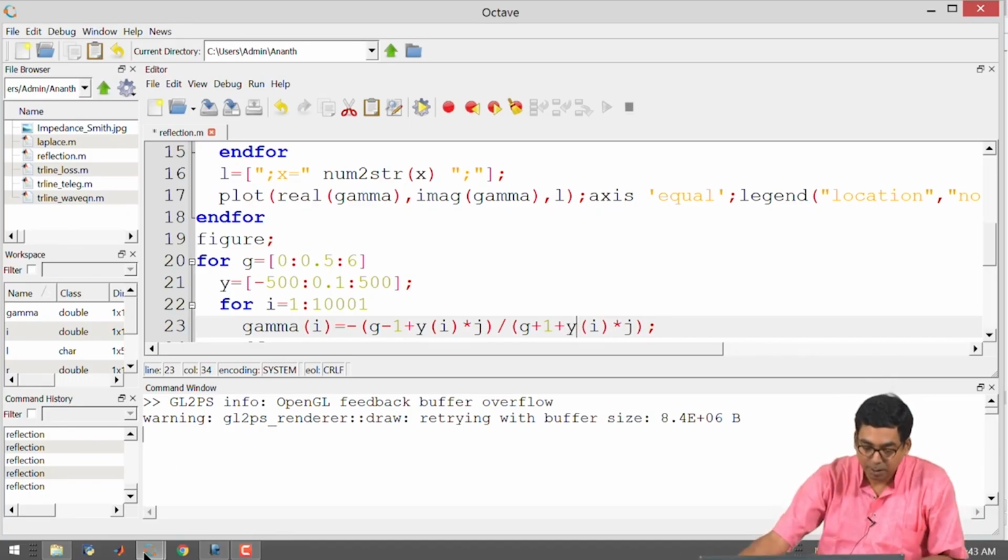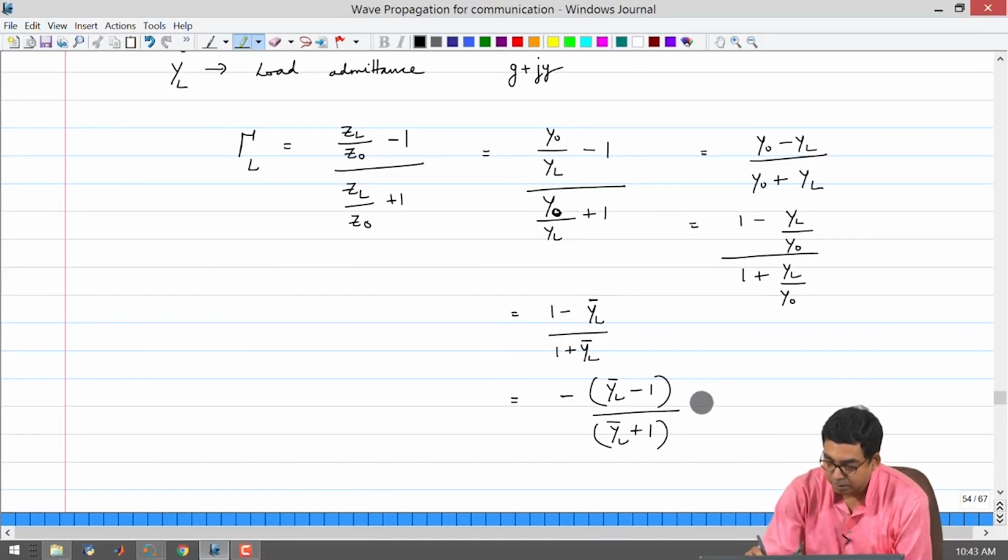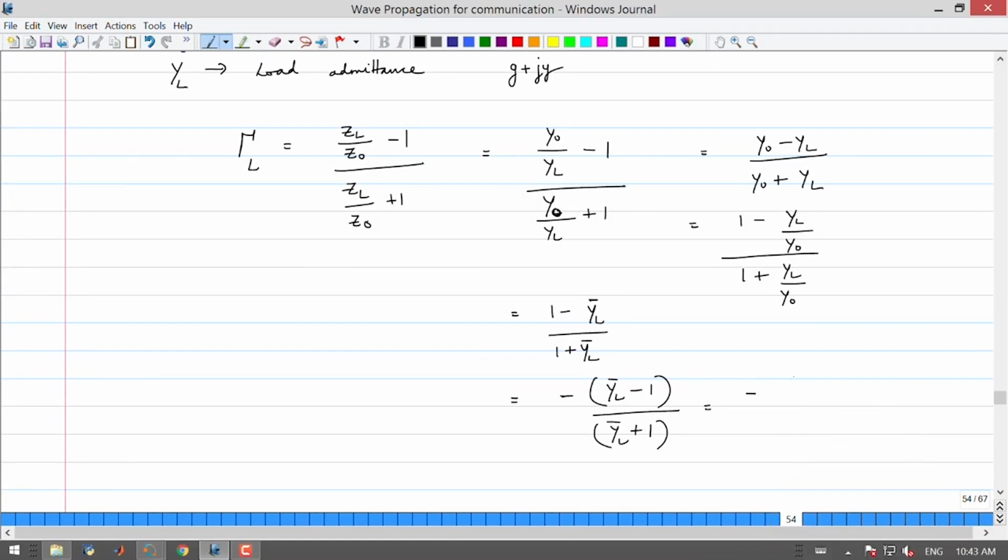So, just to go back and write this, you could write down the real and imaginary parts together. So, you will have minus of G minus 1 plus jY divided by G plus 1 plus jY. That is the exact formula that I am putting in the program.